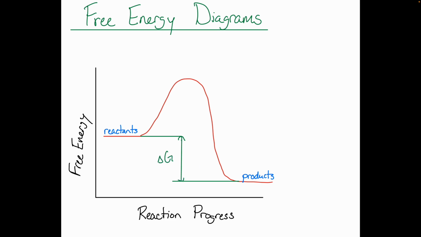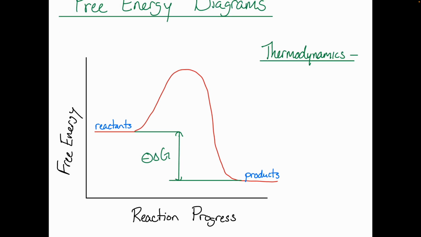In this case, because my products are lower in energy than my reactants, this would be a negative delta G. The first piece of information that we get from this graph, we call our thermodynamics. And again, we only look at the endpoints to get information about the thermodynamics of this reaction. Right, so the difference between our product and reactant energy.